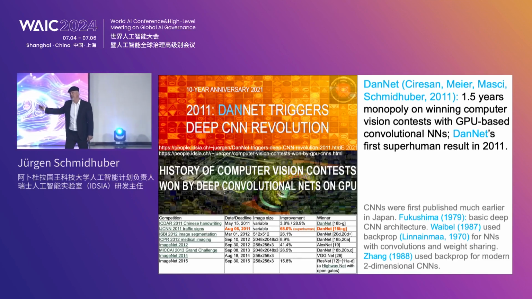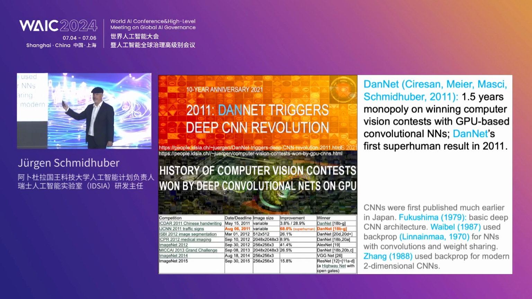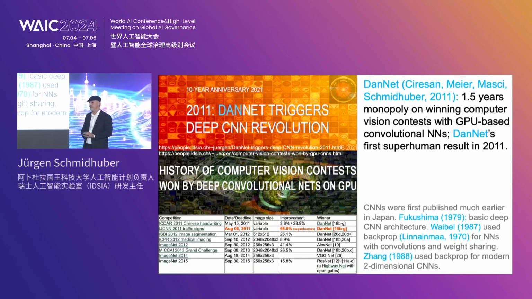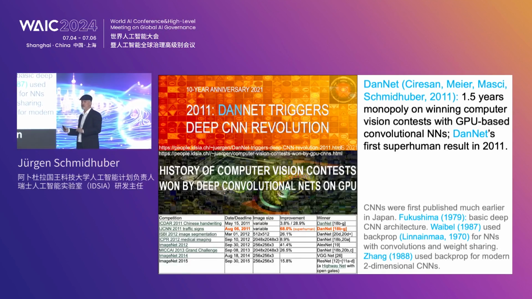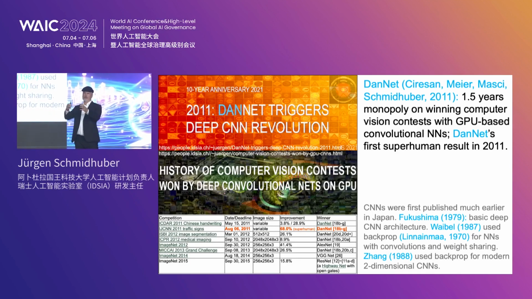Now, again, CNNs, convolutional neural networks, are old stuff from the previous millennium. Go back to 1979 when Fukushima in Japan published the first convolutional network, and then Weibel also in Japan, a German guy working in Japan. In 1987, he combined convolutions and backprop, so Fukushima didn't use backprop.